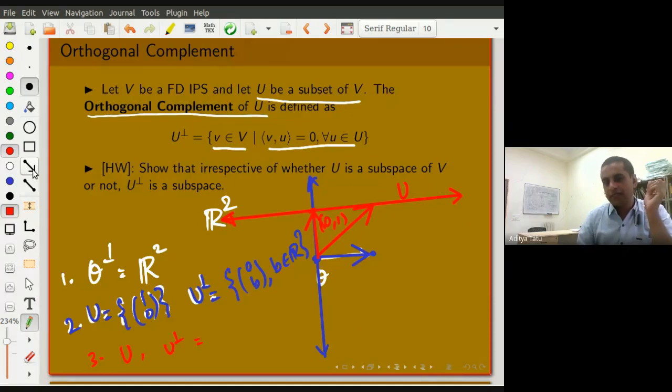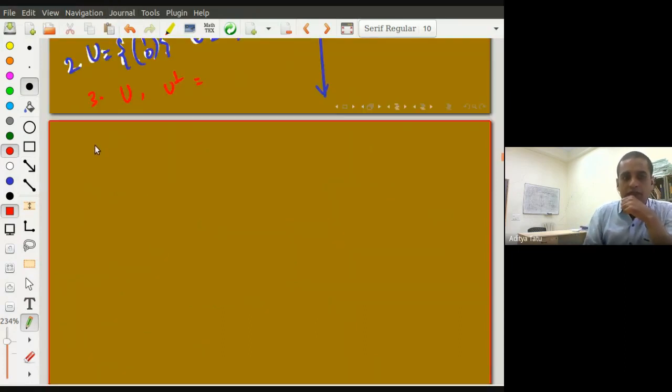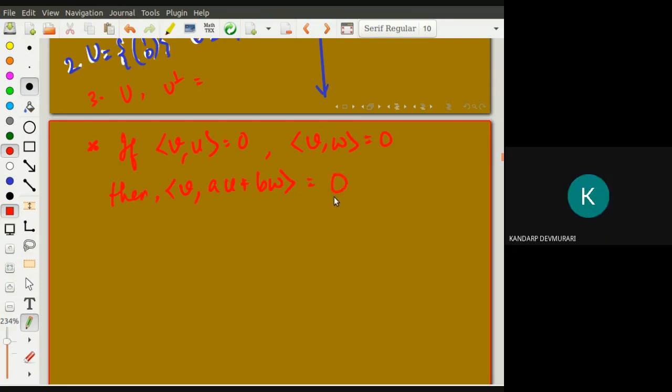Now, if a vector is orthogonal to two vectors, will it also be orthogonal to their linear combinations? If ⟨b, u⟩ is 0 and ⟨b, w⟩ is 0, what can you say about ⟨b, au + bw⟩? Zero, also.